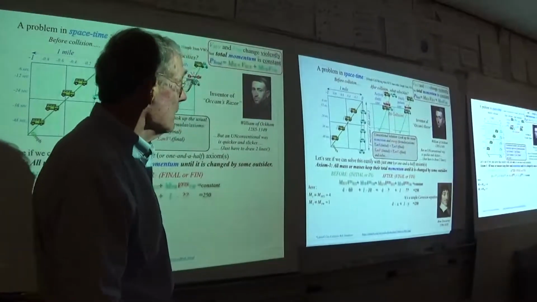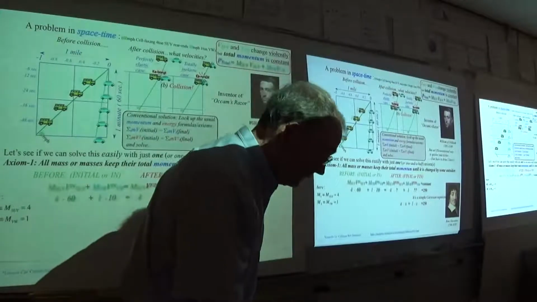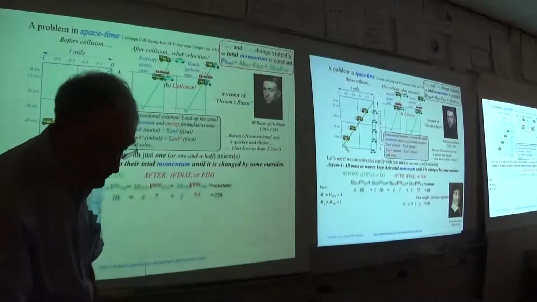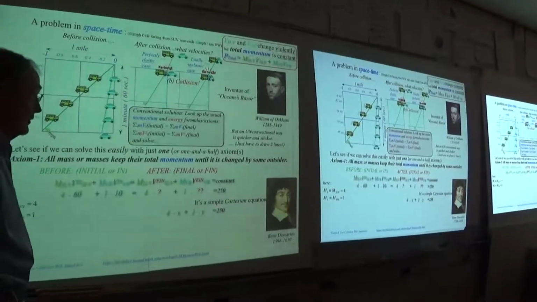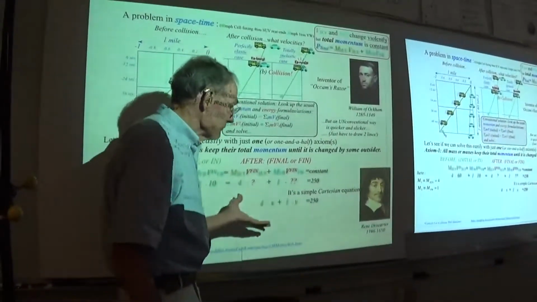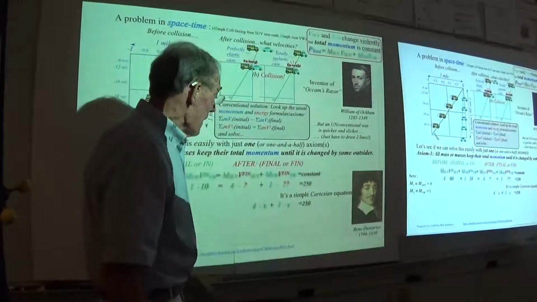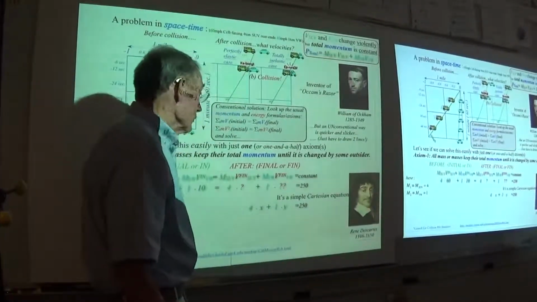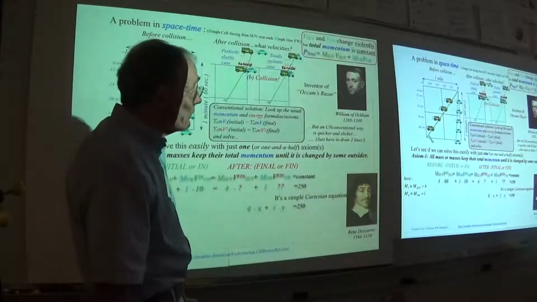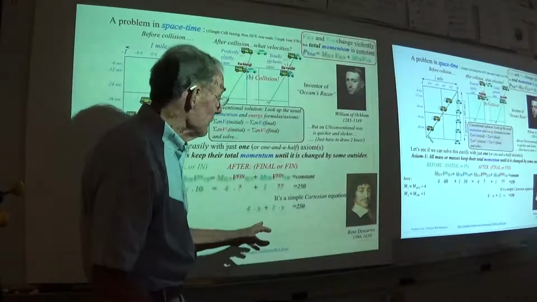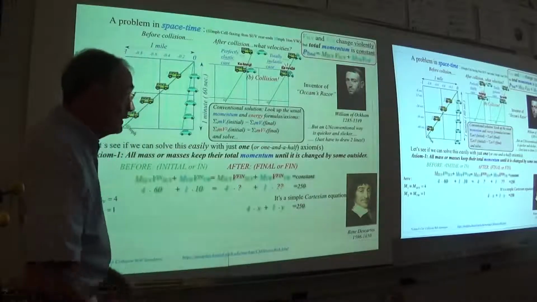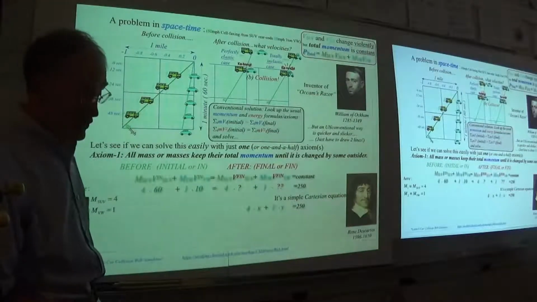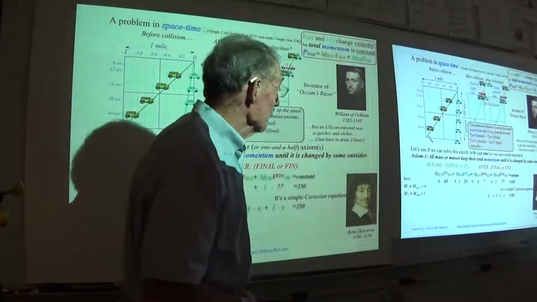Okay? So those equations that I've just written there are really simple Cartesian equations, Cartesian coordinates really, x and y, but we're looking for velocities, so that's a little different from what you're used to perhaps. But there's Mr. Descartes, who's the inventor of coordinate systems, or one of them anyway.